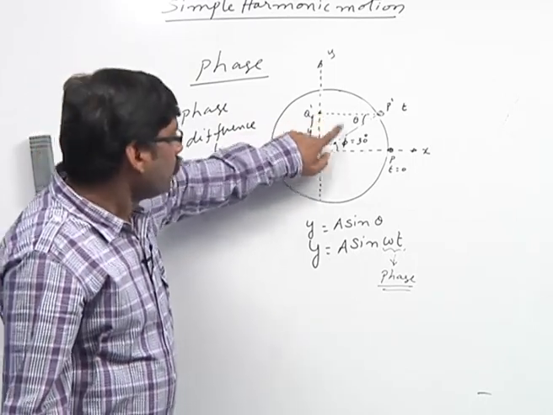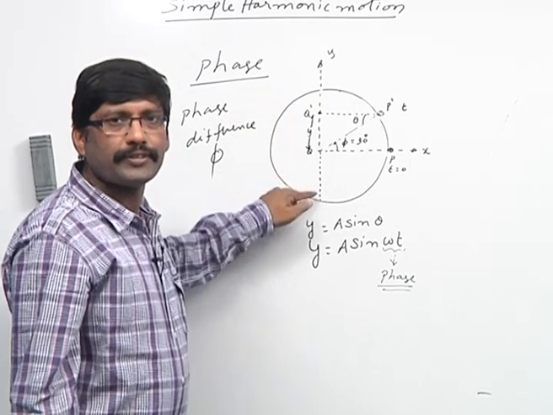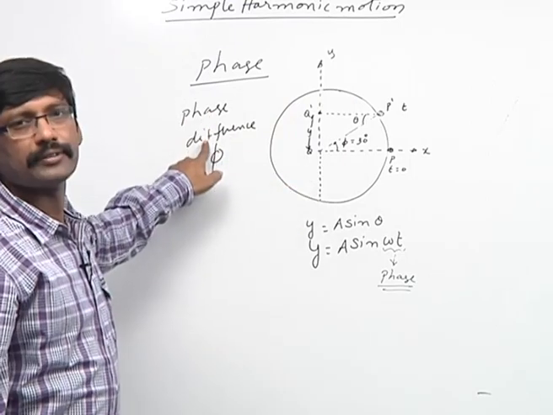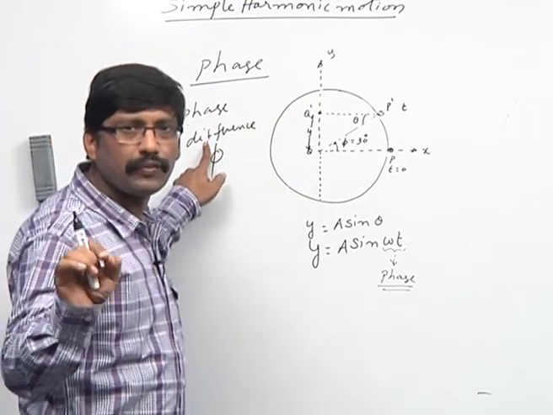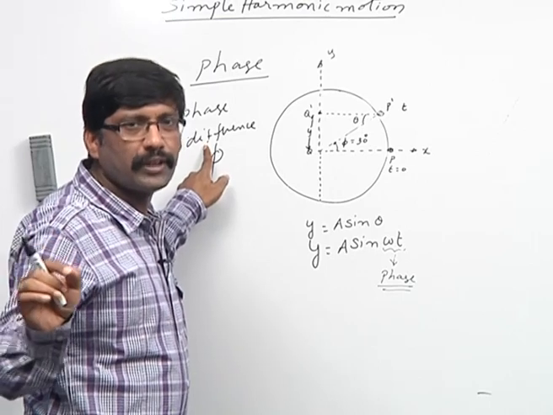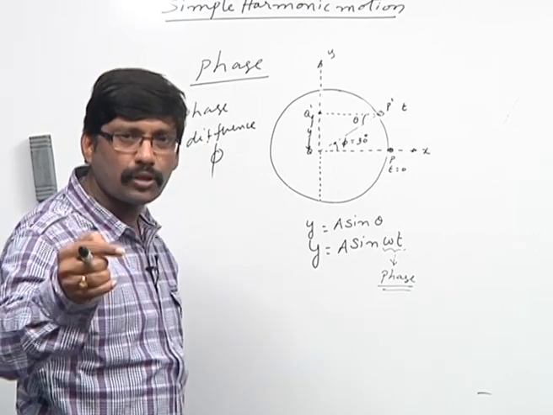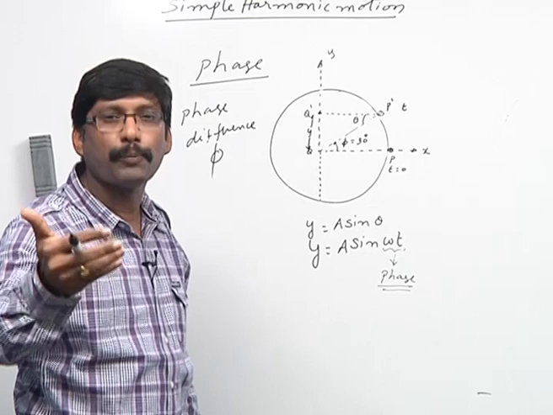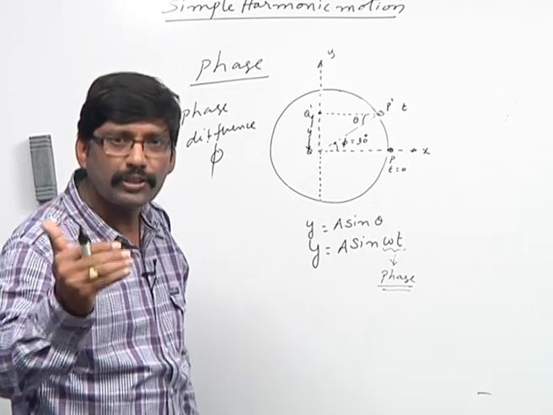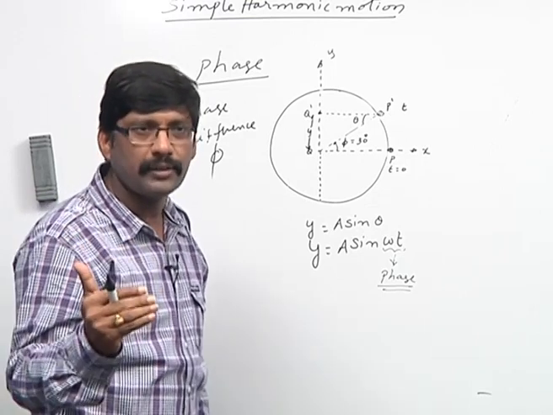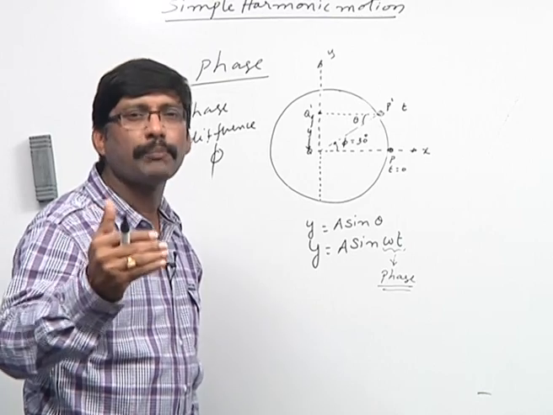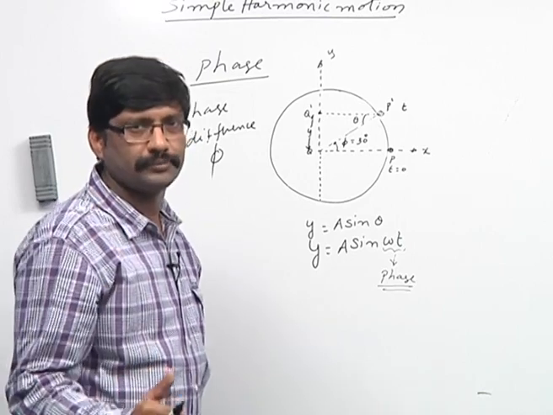So the starting value of phase is called phase difference. The phase difference is also called initial phase or epoch. This phase difference gives us an idea where the particle starts oscillating.